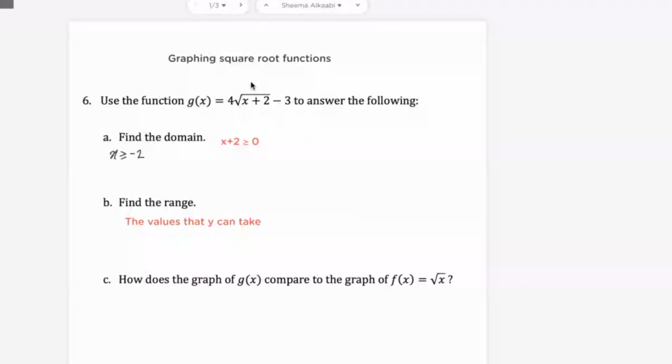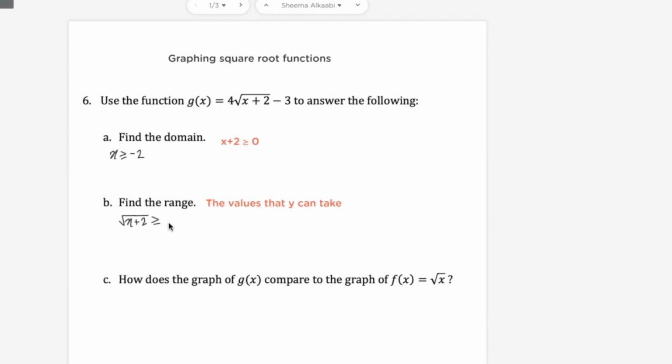This expression is the y coordinate, okay? So what are the values of y? It's very simple. Start from the square root. Square root is always not negative. That means you put square root of x plus 2 more or equal than 0. Can you write for us? Square root of x plus 2 here more or equal than 0.